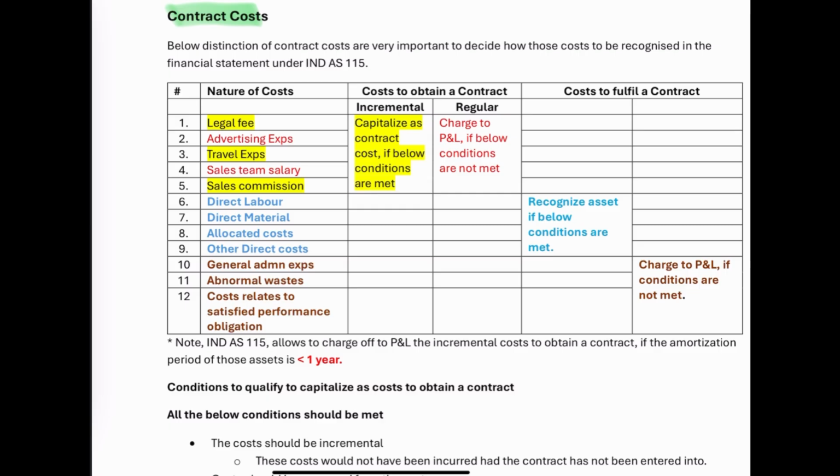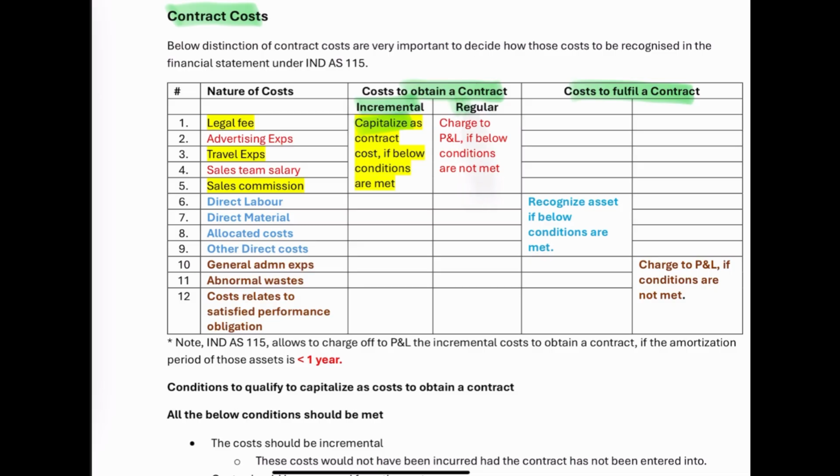Under Ind AS 115, contract cost can be classified into two categories. One, cost to obtain a contract, and second, cost to fulfill a contract. Within cost to obtain a contract, we can have two types of accounting treatment. If it is an incremental cost, then this can be capitalized.